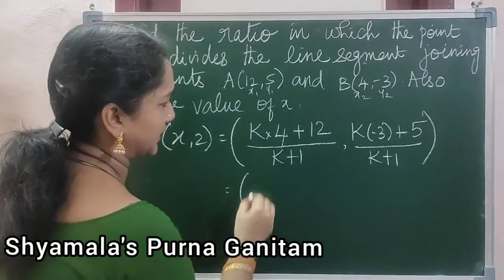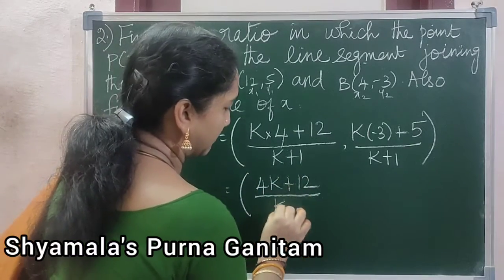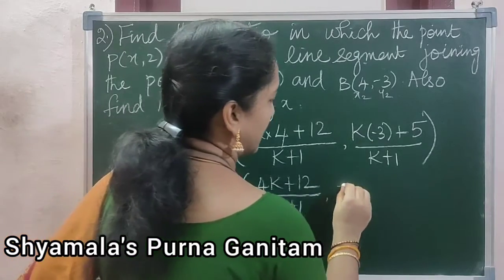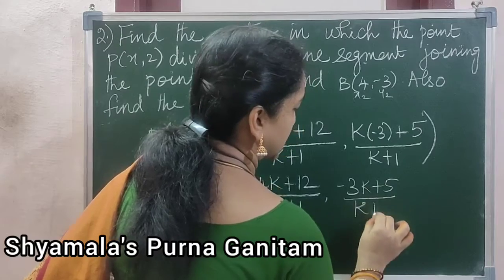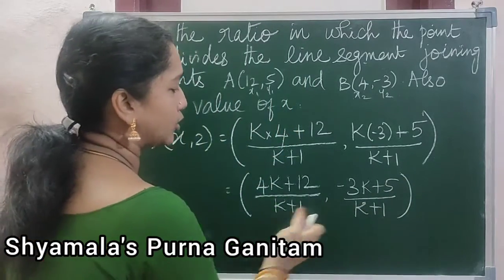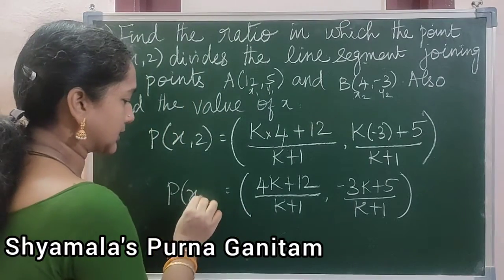Now we simplify this. This one is (4k + 12) by (k + 1), and (-3k + 5) by (k + 1). So these are the coordinate points of x and 2, that is P(x, 2).